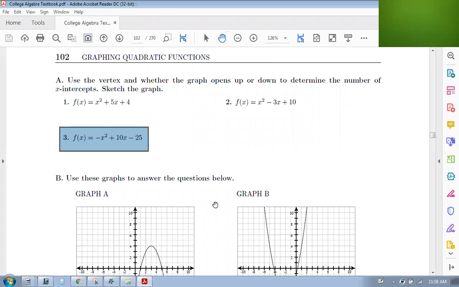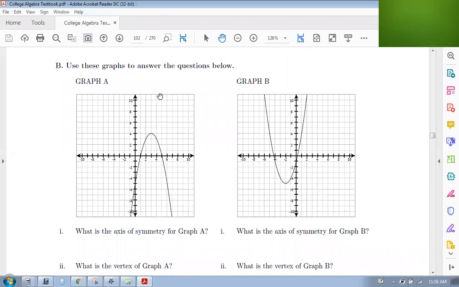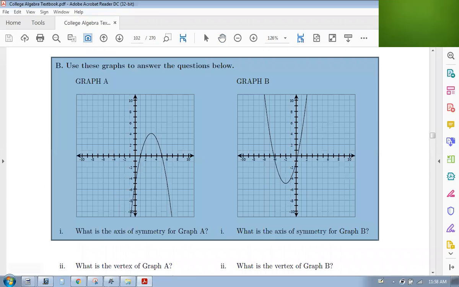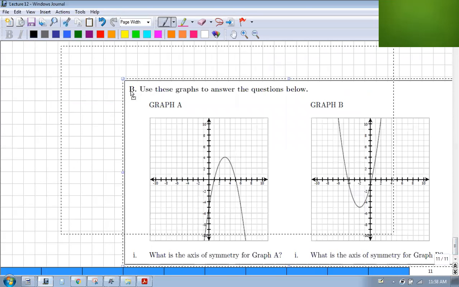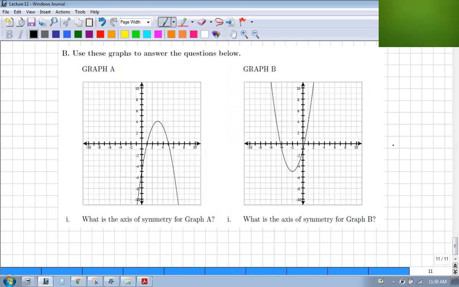All right, let's see. Use these graphs to answer the questions below. All right, the axis of symmetry for graph A goes right through here. That's at x equals 3. All right, for graph B, goes through here, that's at x equals -2. Okay.